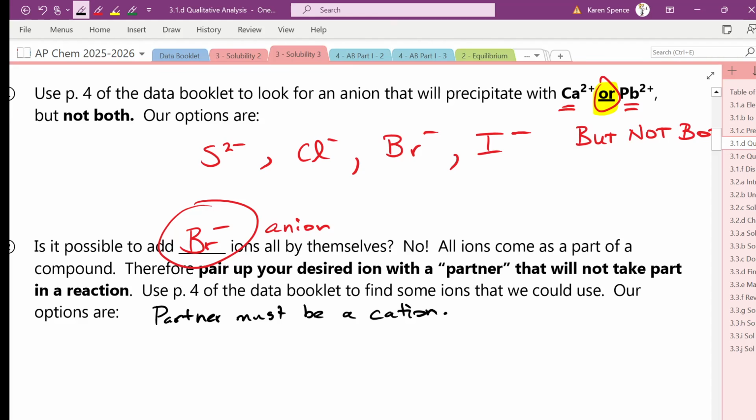Now, we want a cation that isn't going to cause problems later, okay? Because we're going to be adding other things. We don't want any side reactions. So we want our cation to be unreactive. We want it to stay as a spectator ion, okay?